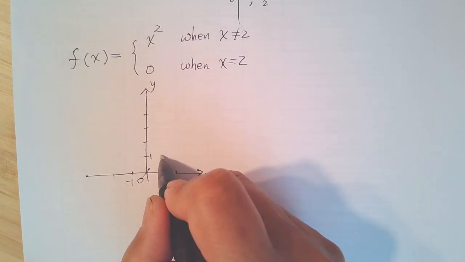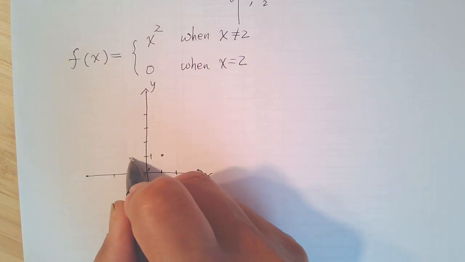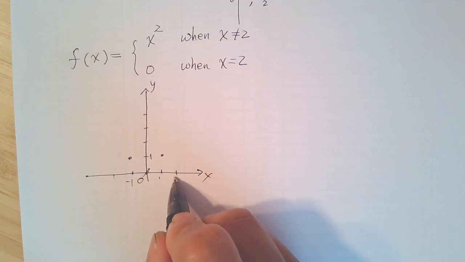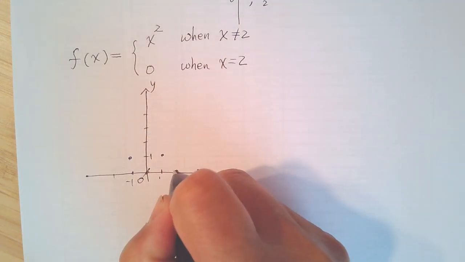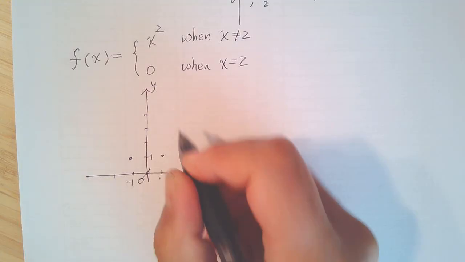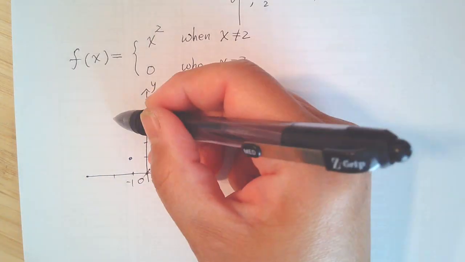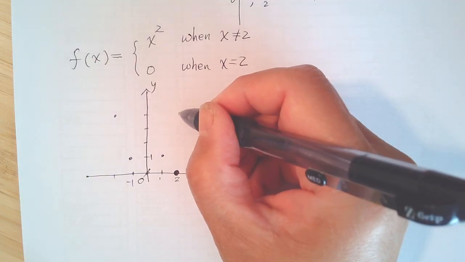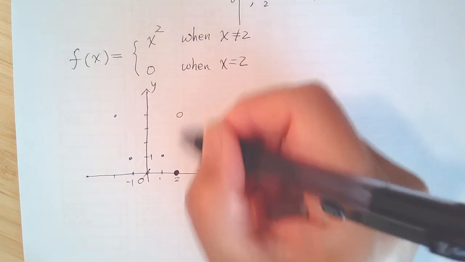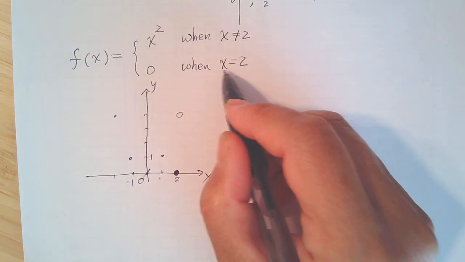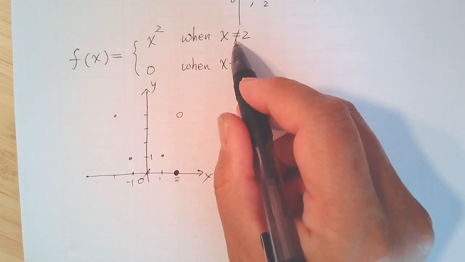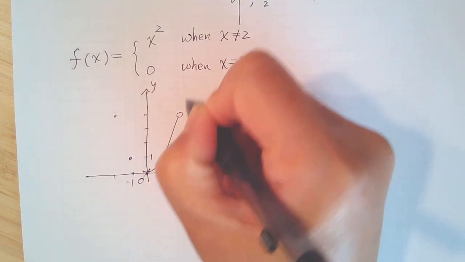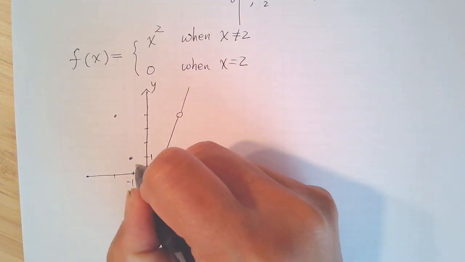You still have these points, and when x equals 2, y equals 0. So you have a solid point here, and then here you have 4. When x equals 2, the definition is 0, but when x is not 2, it's x squared. So your graph looks like this. It's a piecewise function.